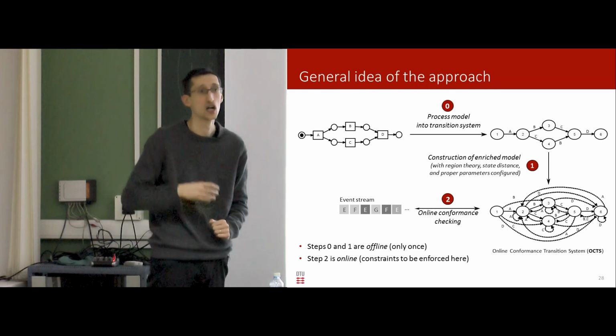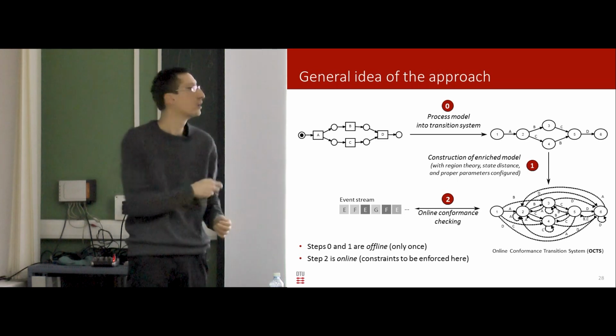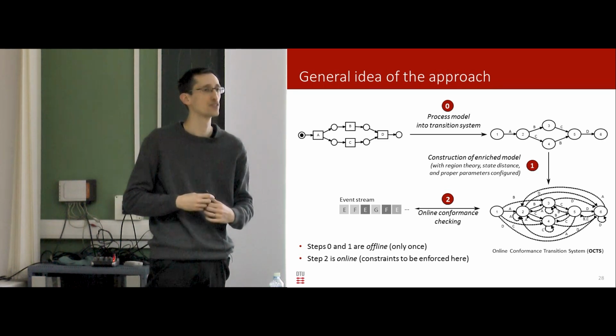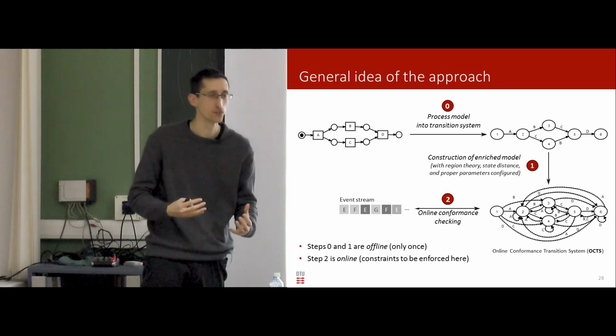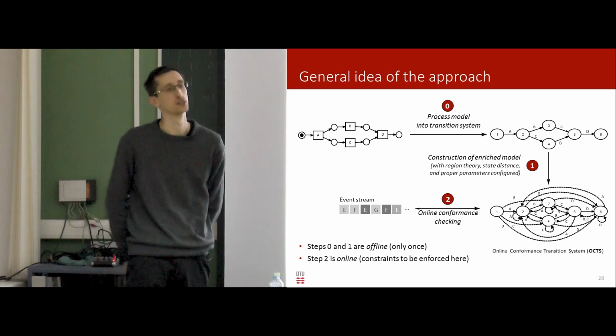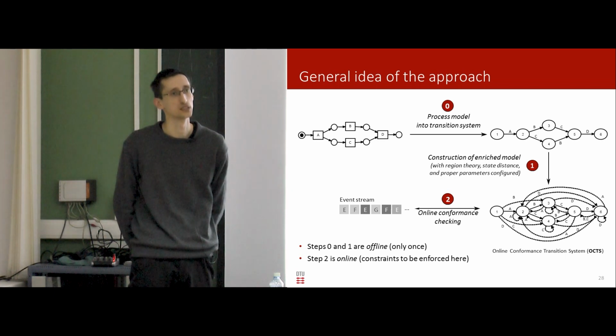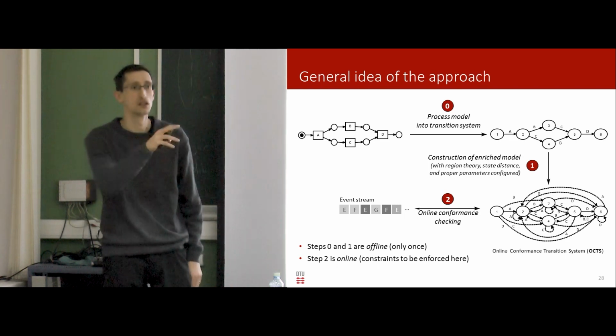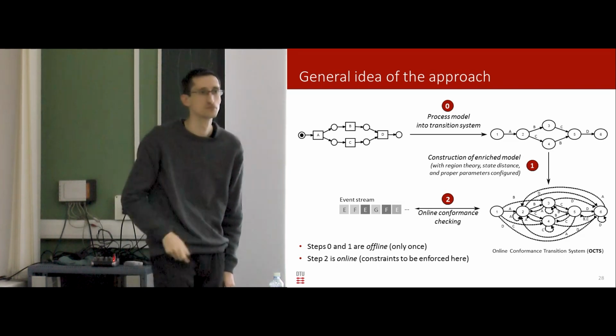This is the basic idea. Because if you have an information system which implements this process, you typically want to have some flexibility. So this is a normative model. Yeah, precisely. Yes?